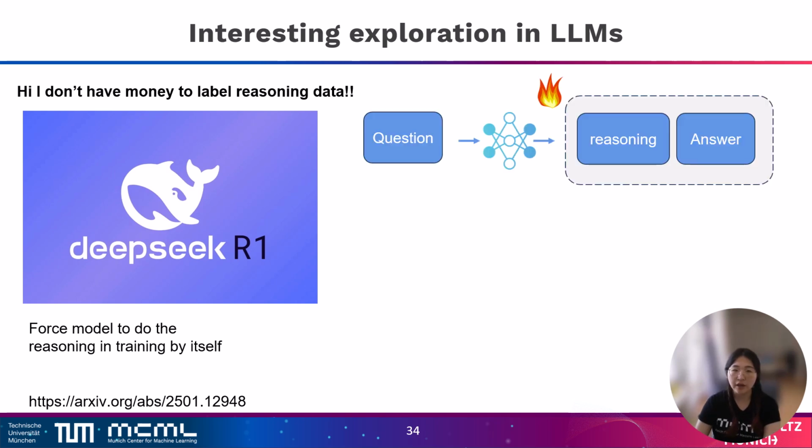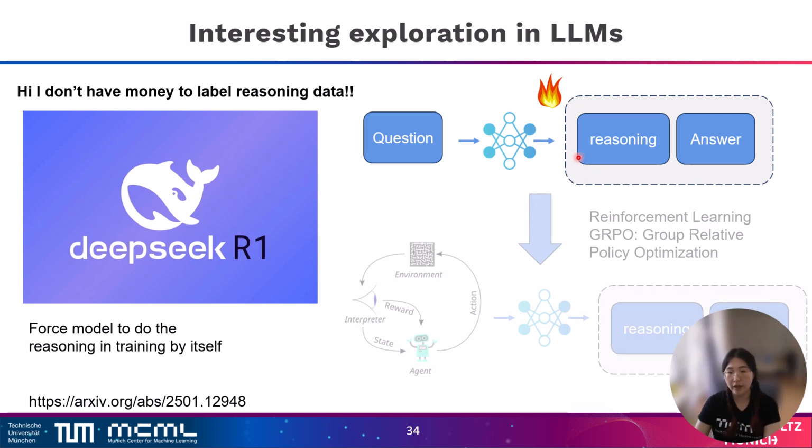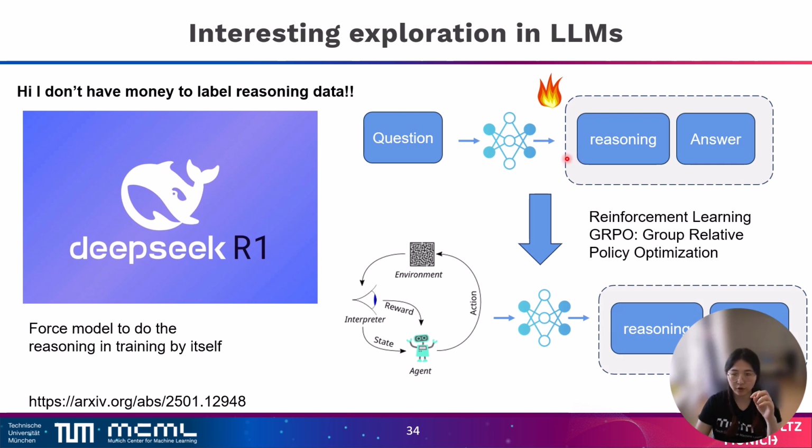At the beginning, it still provides some reasoning and answer data to let the model warm up a little bit, so the model has the base performance to know it needs to generate the reasoning during the answer. Then they use reinforcement learning to force the model to generate the thinking process, without needing any labeling again.